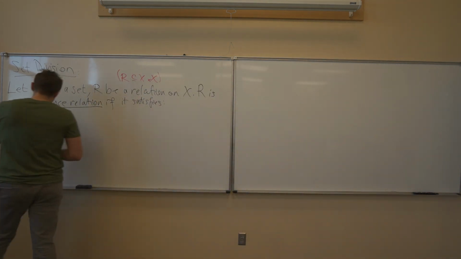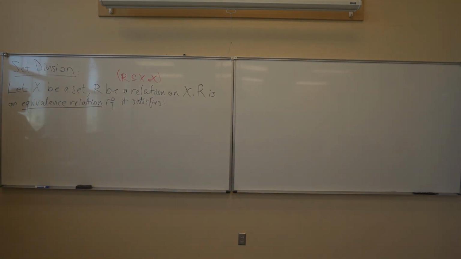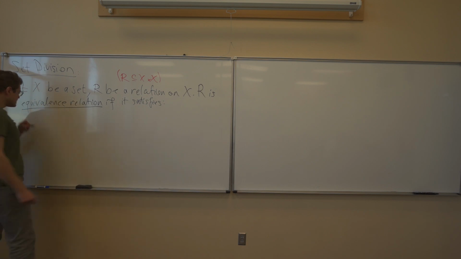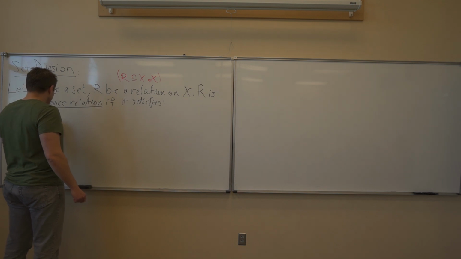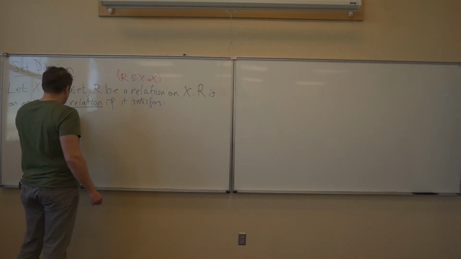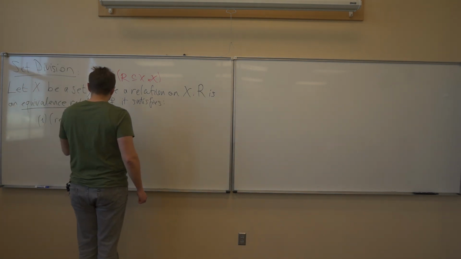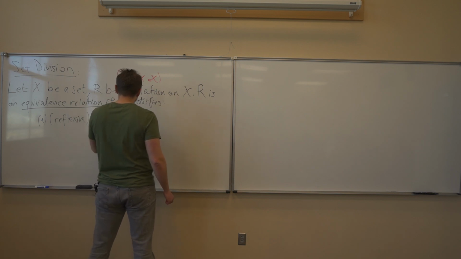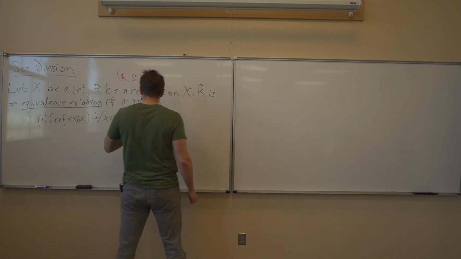First of all, anything must be equal to itself. This is also true for equivalences. This is what is called the reflexivity property: for any point x in X, x should be related to itself.